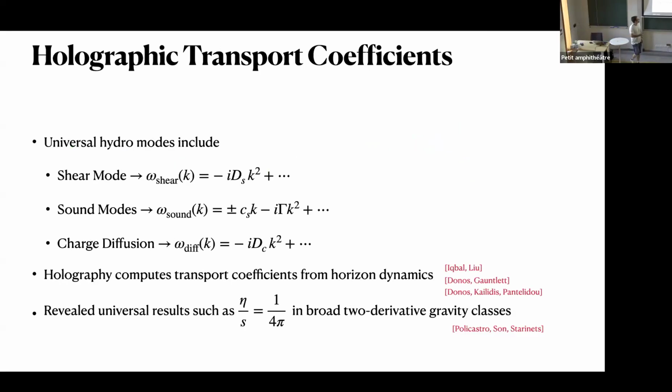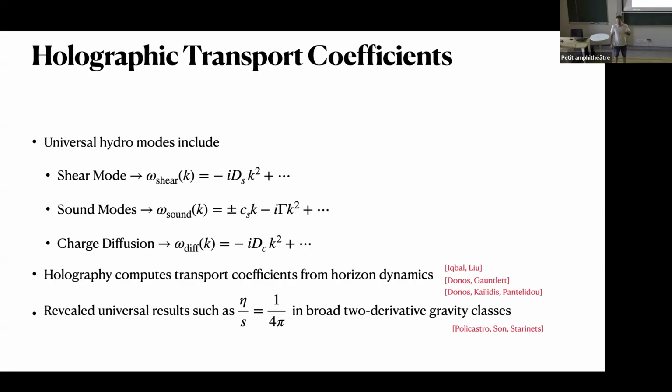Now, what are these poles? These poles are exactly what you would expect. You would get some kind of shear mode, you would have sound modes, you would have charge diffusion, you might have Goldstone modes and other things, and you will have some transport coefficients that go together with these dispersion relations. What holography does, and I will not go into details, is that you can read off these transport coefficients from just the dynamics of your black hole horizon.